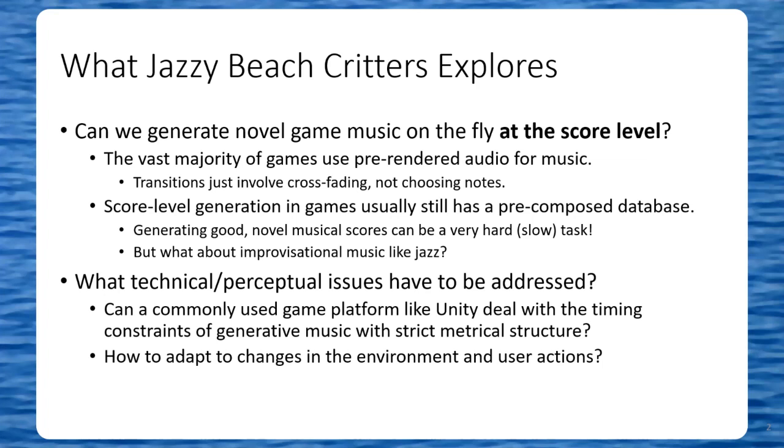We used Unity, and there are some interesting timing issues associated with using a game platform like Unity to deal with generative music, and what time scales are appropriate for adapting to changes in the environment and user actions.